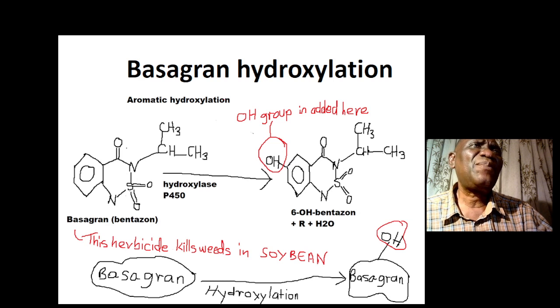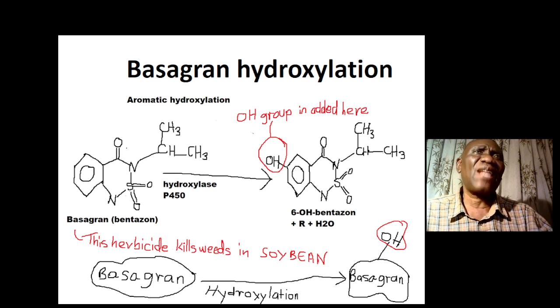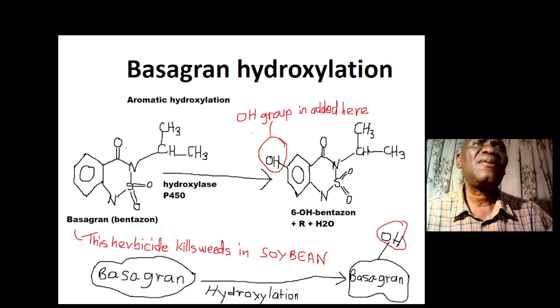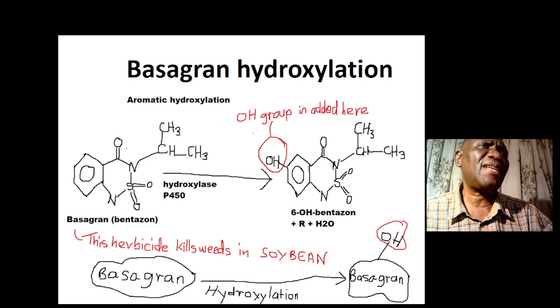Here we've got Basagran. We can have an insertion of OH group on this part, or we can simplify it like this, where we show that OH is now part of the new molecule, and therefore it loses its activity as a herbicide.